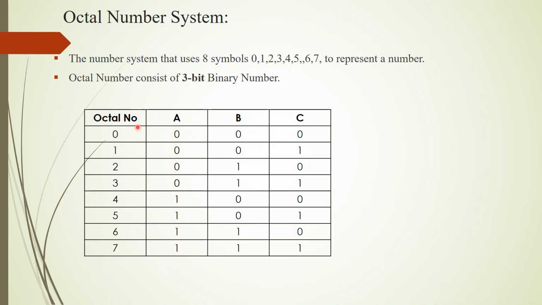Octal 1 is represented in binary as 0 0 1. 2 is 0 1 0. 3 is 0 1 1. 4 is 1 0 0. 5 is 1 0 1. 6 is 1 1 0. And 7 is 1 1 1. This is the truth table of the octal number system, because the octal number system consists of only a 3-bit binary number, that means 0 to 7.